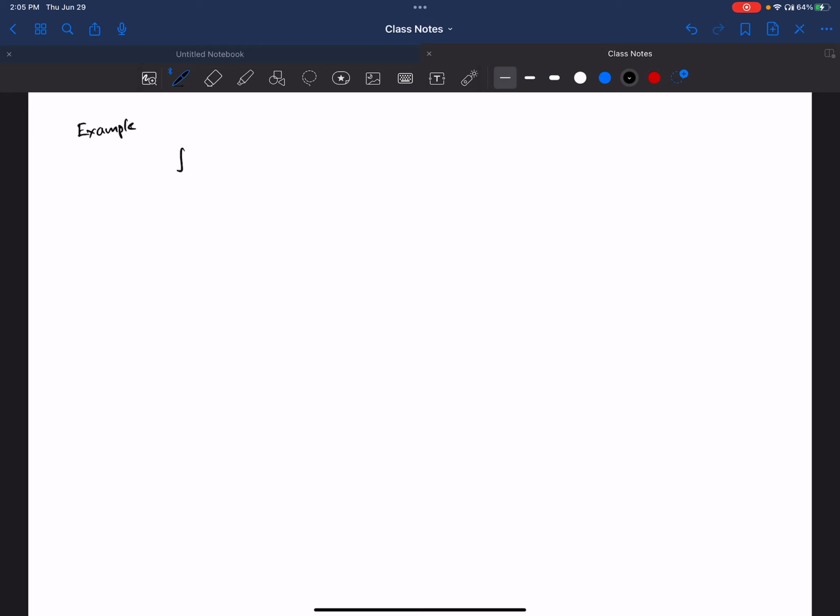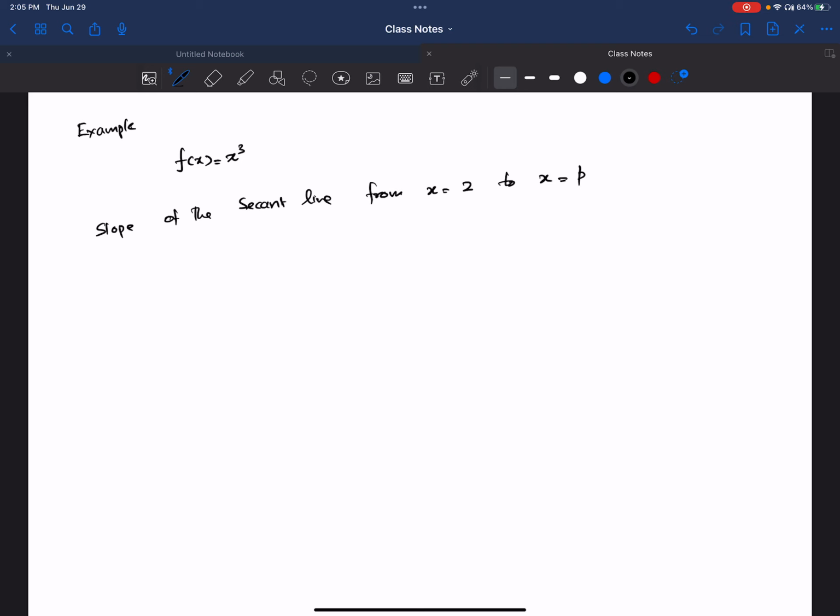If I ask you to find the slope of the secant line from x equals 2 to x equals p, how do I find that?